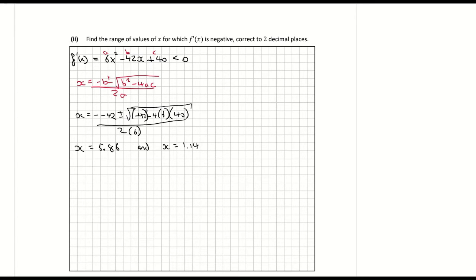So if I sketch that out on my coordinate graph here for a second, so this is my y-axis and my x-axis, and I plot the 2 points here. It's only a sketch. So I have 1.14 and I have 5.86. It's a positive quadratic, so it looks something like that. And the question is looking for where it's negative, so that's below the x-axis.